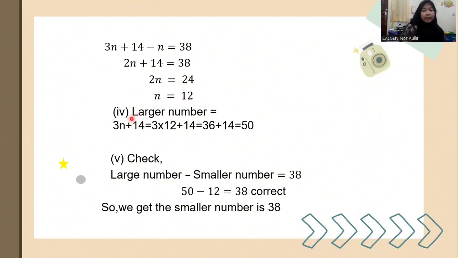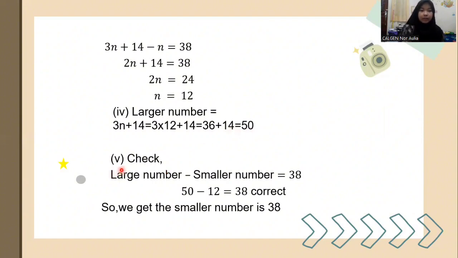So next, step 4, large number equals 3n plus 14 equals 3 times 12 plus 14 equals 36 plus 14 equals 50.